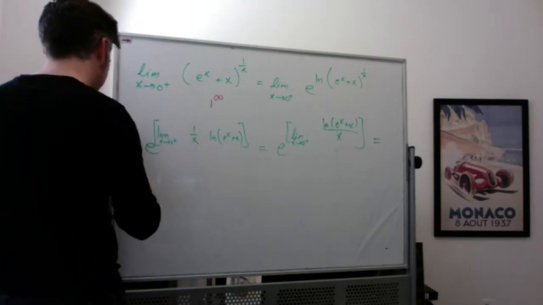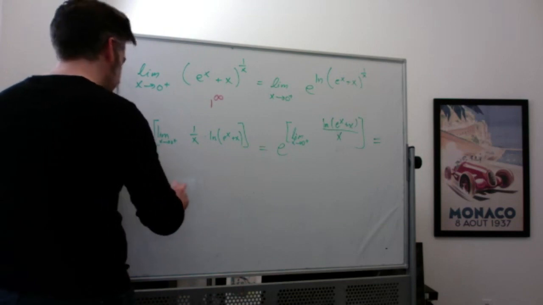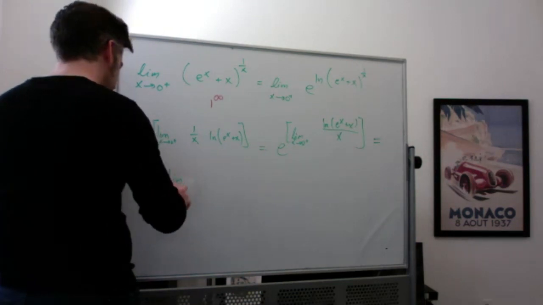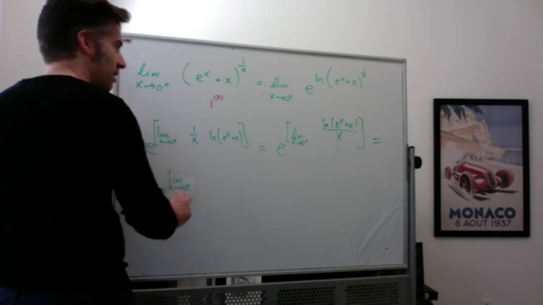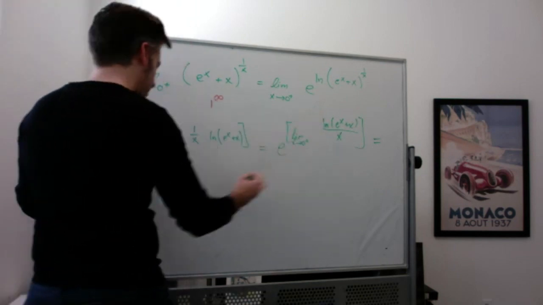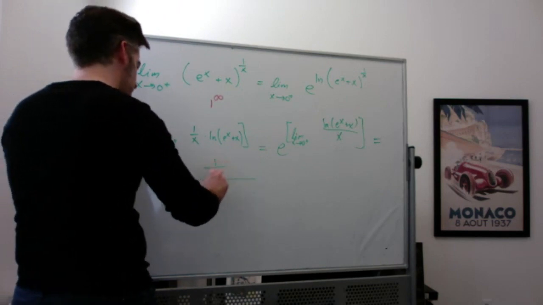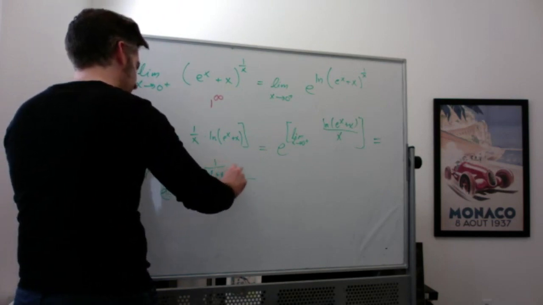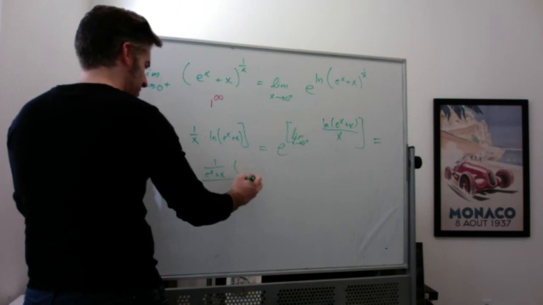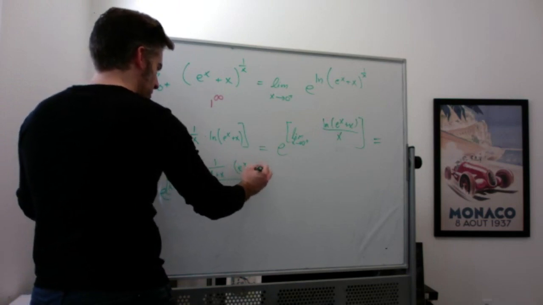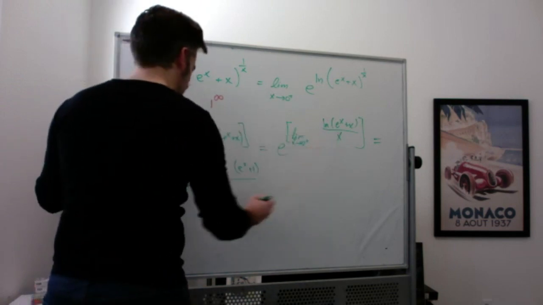So we're going to use L'Hopital's rule. We're going to take the limit as x goes to 0 from the right of the derivative of the top. The derivative of the natural log of some stuff is 1 over the stuff times the derivative of the stuff, and the derivative of e to the x plus x is e to the x plus 1, over the derivative of the bottom, which is just 1.